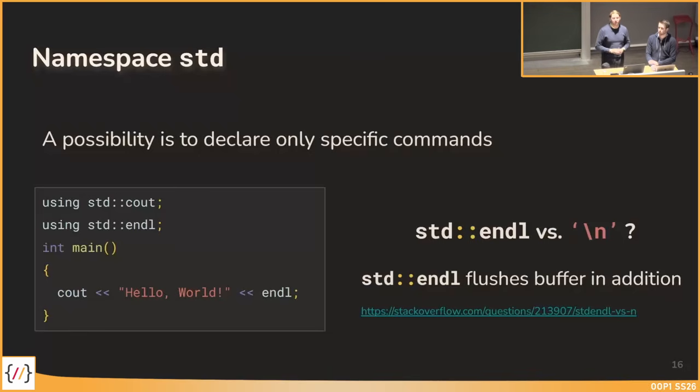If your program crashes while printing something, it is not guaranteed that the \n is also printed. So that's the main difference between std::endl and \n. I would always suggest to use std::endl.